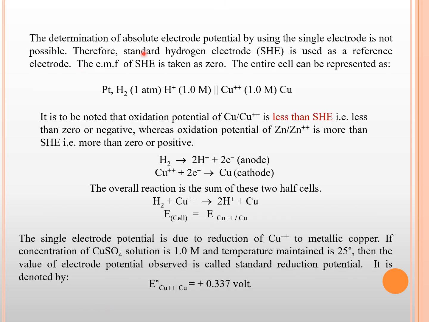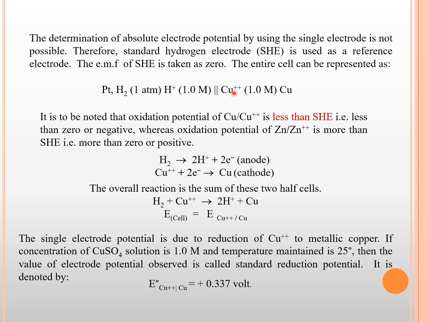Now the determination of absolute electrode potential by using a single electrode is not possible. So, as we have seen in the case of oxidation potential, here also the standard hydrogen electrode is used as a reference electrode for measurement of EMF of reduction potential. The EMF of the standard hydrogen electrode is taken as 0.